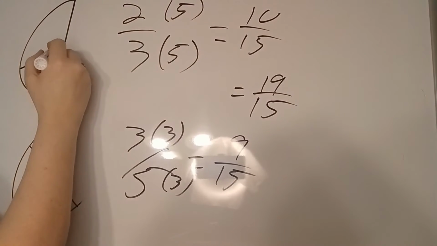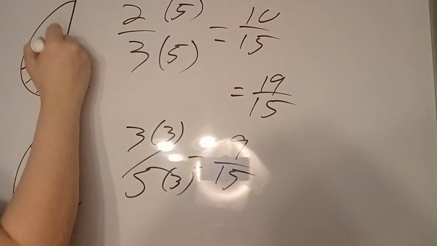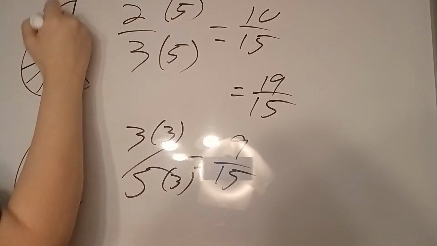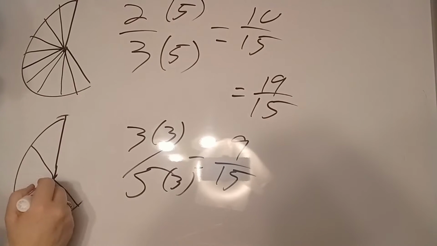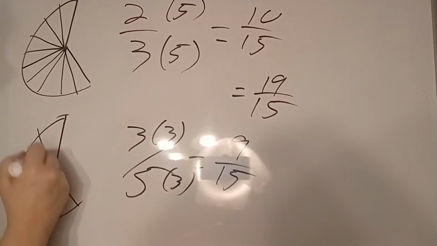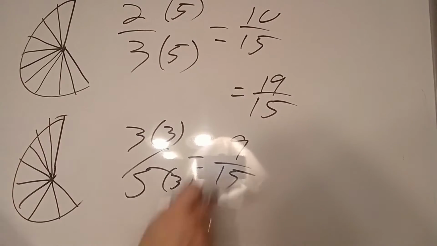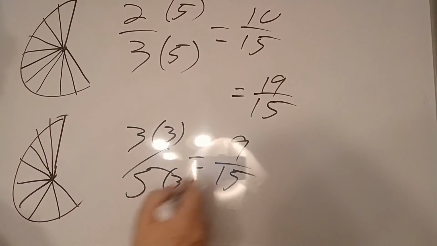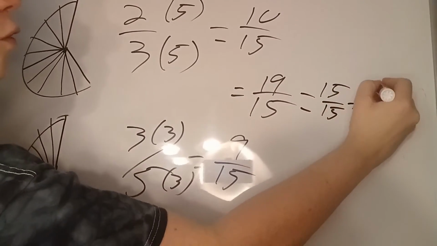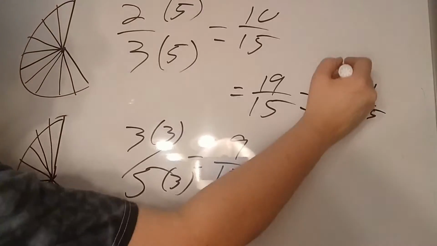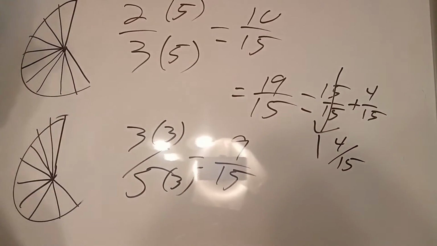Physically, we're dividing this by 5 and this by 3 to make them the same size. So here we're going to want to take 15/15ths plus 4/15ths. The 15/15ths is 1 and 4/15ths.